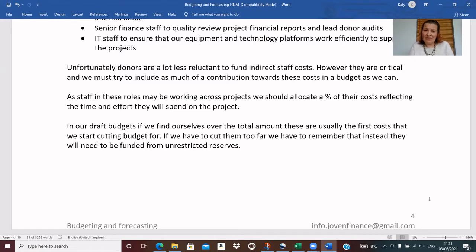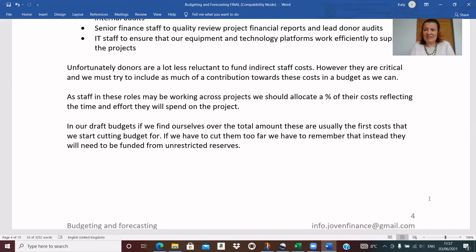So as staff in these roles may be working across various functions and projects, we could allocate a percentage of their costs reflecting the time and effort they will spend on the project. A note on the fact that in our draft budgets, if we do a first cut and we find it's in excess of the total that the donor has provided as a maximum, these are often some of the first cuts that we make.